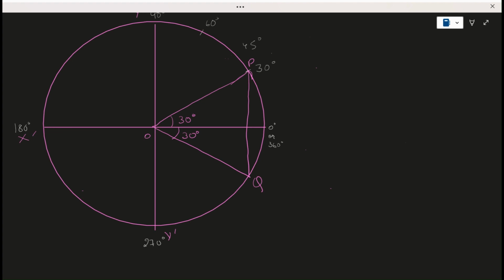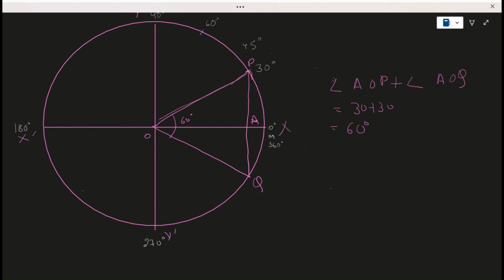So this will be our construction. We can see third angle. Let this point be A again, and this is our X. So angle AOP plus angle AOQ will be 30 plus 30, that gives us 60 degree. So for the time being, let us write here 60 degree.